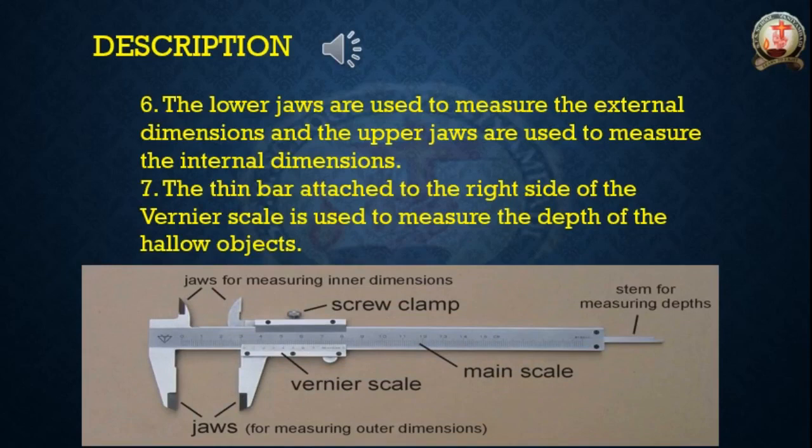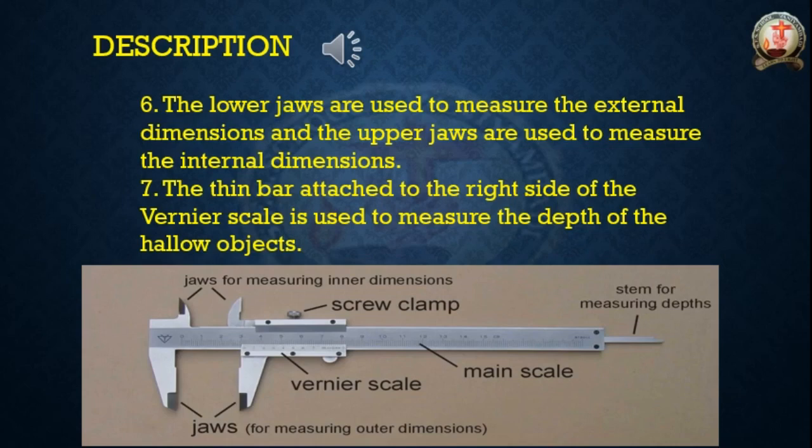Now, the sixth point in the description: the lower jaws are used to measure external dimensions and the upper jaws are used to measure internal dimensions. I already told you, any vernier caliper has upper jaws and lower jaws. In the upper jaws, one is the fixed jaw and one is the movable jaw. In the lower jaws also, one is the fixed jaw and one is the movable jaw. So what is the use of these jaws?